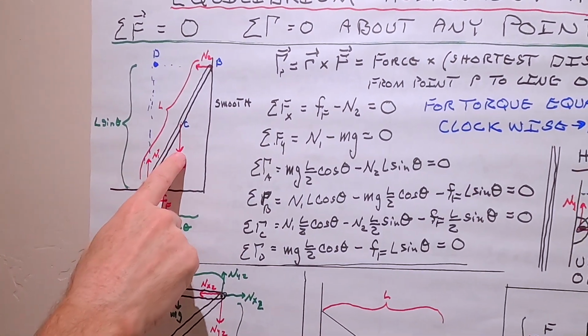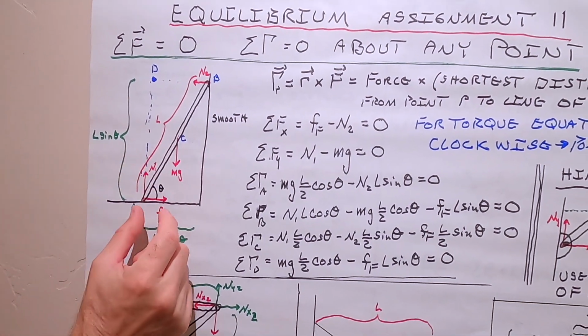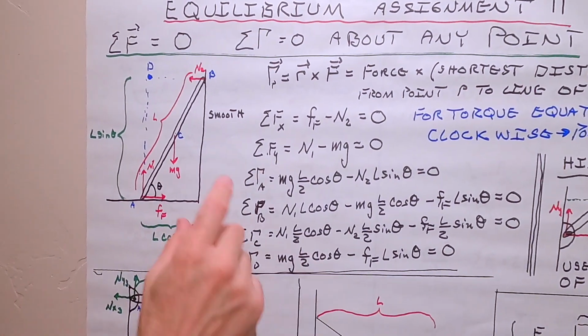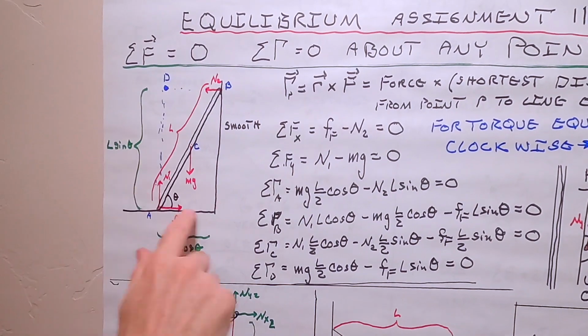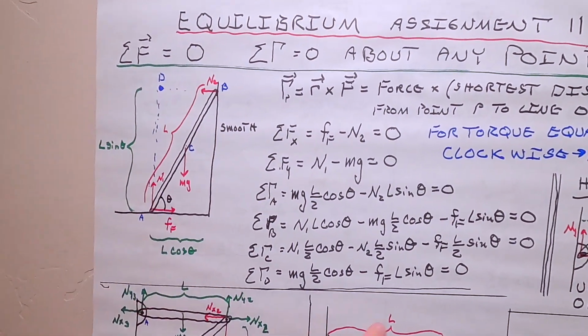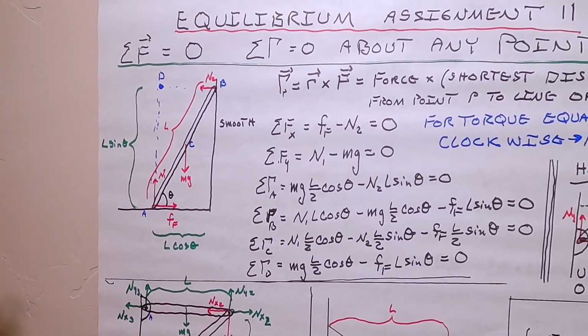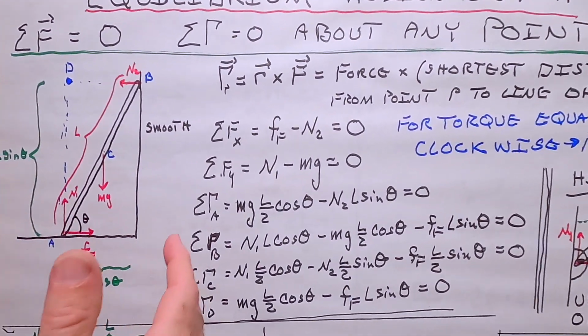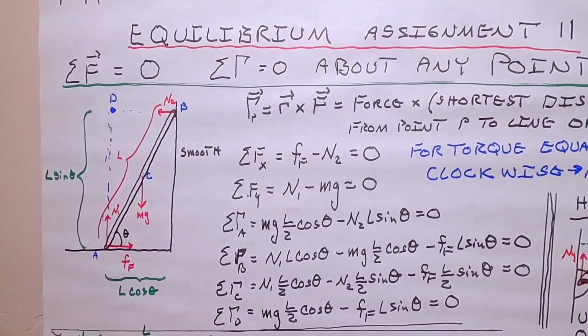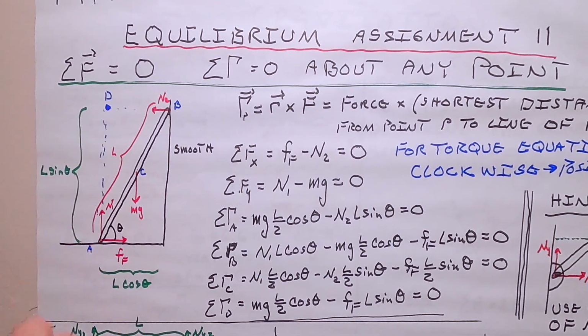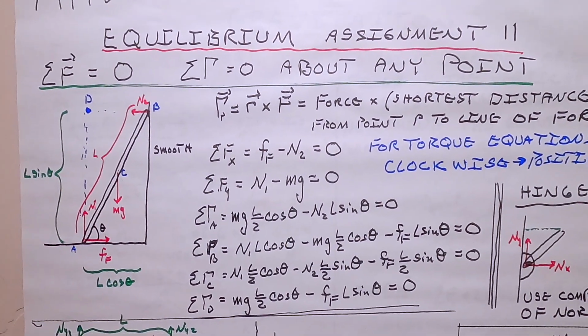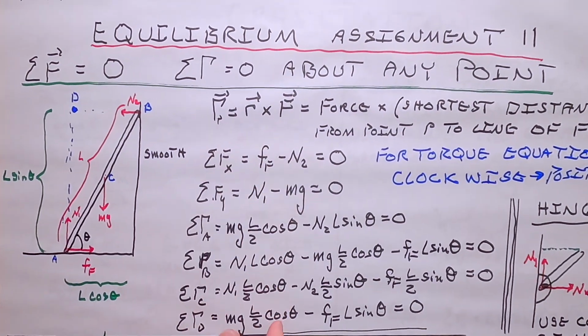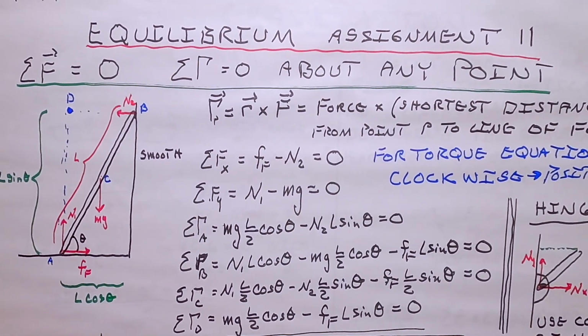So we have mg times that distance, which is L over 2 cos theta, minus the friction going this way times that distance, which is L sine theta, equals 0. So it might be good to write these lengths out if you had a problem like this. If I asked you to write torques about different spots, because you're using these distances so much, make sure you can write these torques about different points.